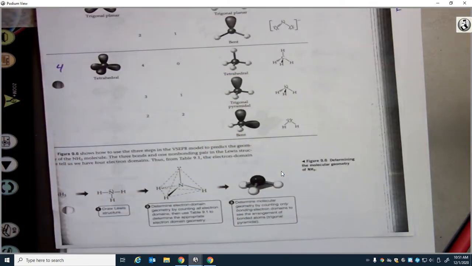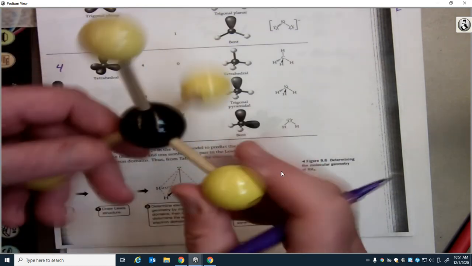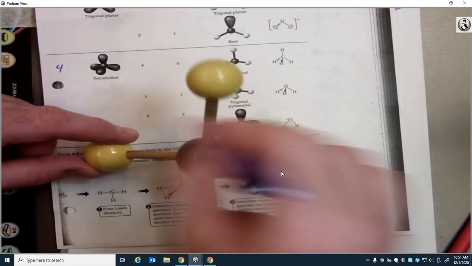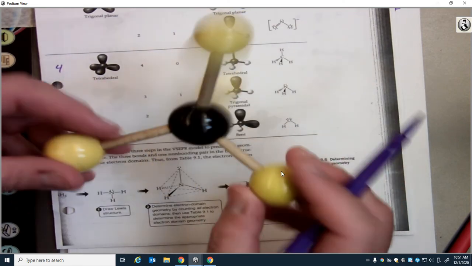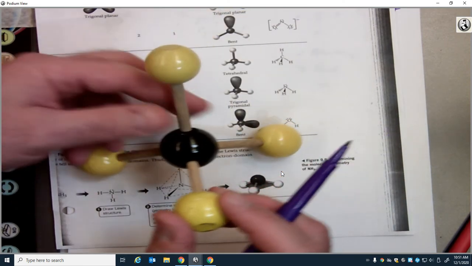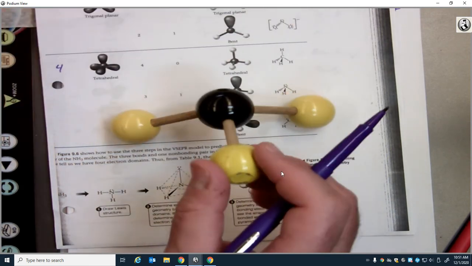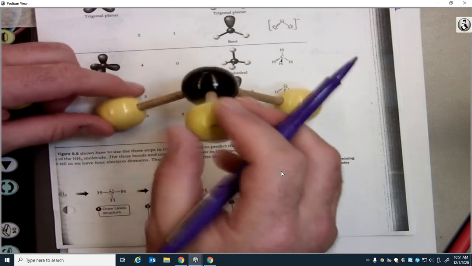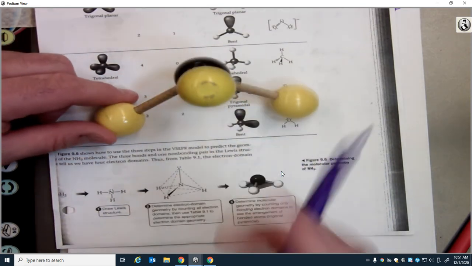So let's go to our tetrahedral. This is where we have 4 bonding domains. This would be like our methane. This is our tetrahedral shape. If we make this bonding pair a non-bonding pair, so there's still electrons here, we get a trigonal planar.